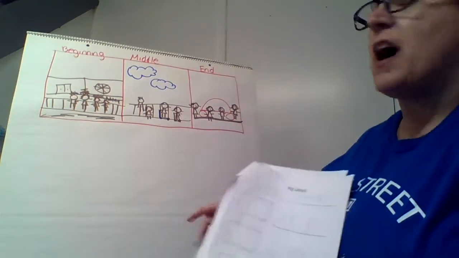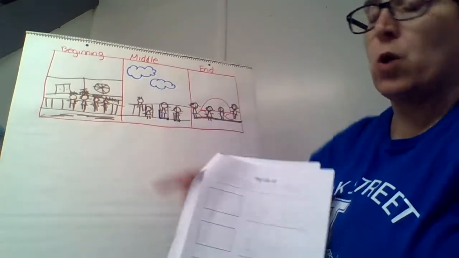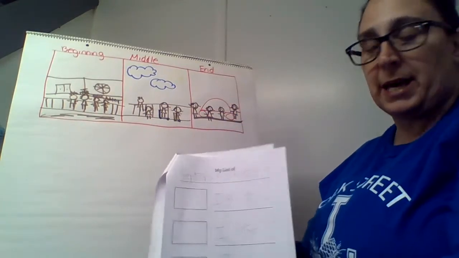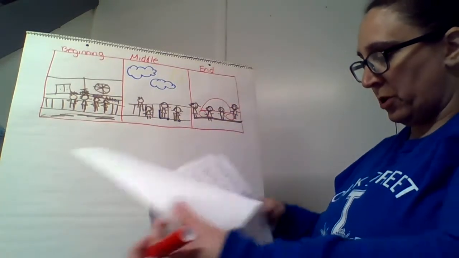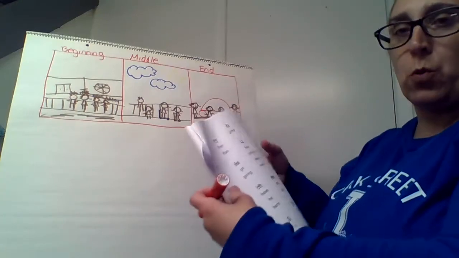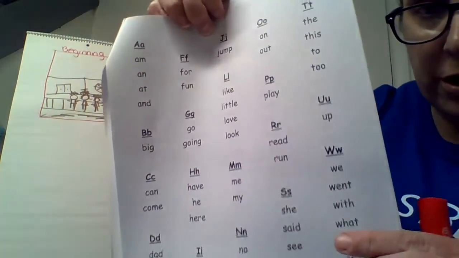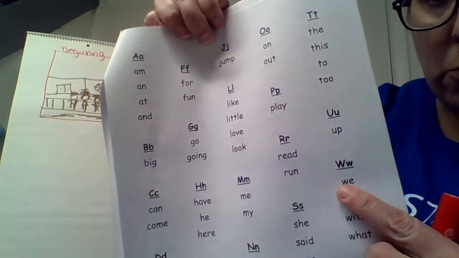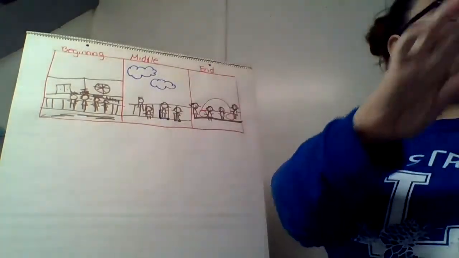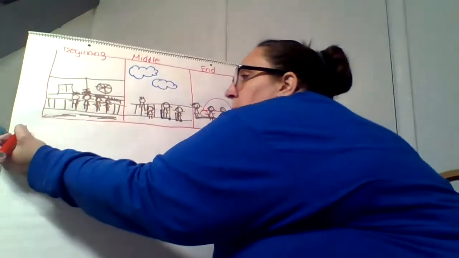But instead of I, since there's more than one, I'm going to switch it to we. We go to. So I'm going to look over at my word wall under the W for the word we.